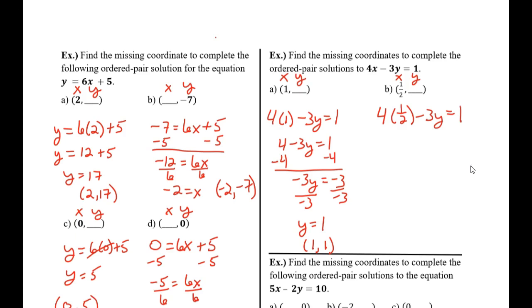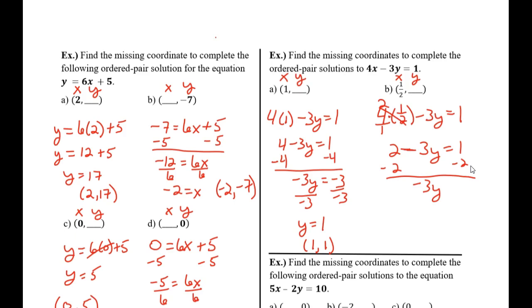Same thing here, replacing the x with a half. So a half of 4 is just 2, right? I could put this over 1, divide out the 2, I'm left with 2. 2 times 1 is just 2, or I could think of it as a half of 4 is 2. Now I need to get y alone. I subtract 2 from both sides. Make sure you don't lose this negative here.